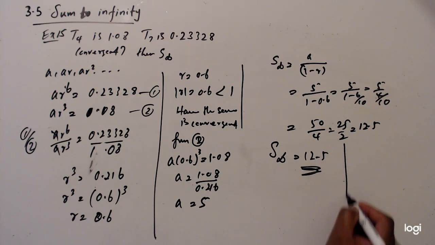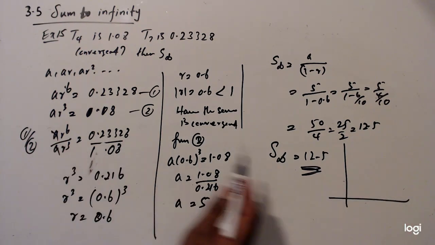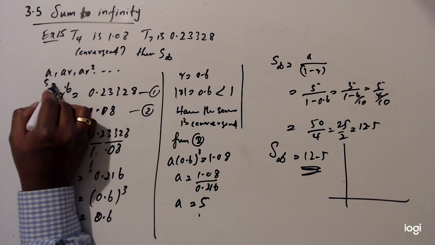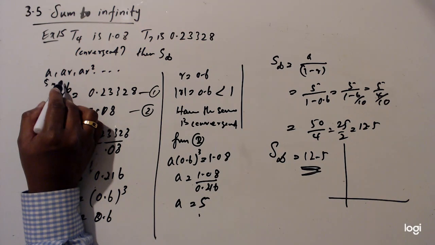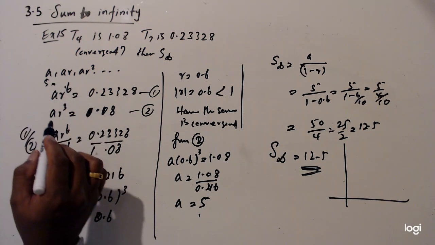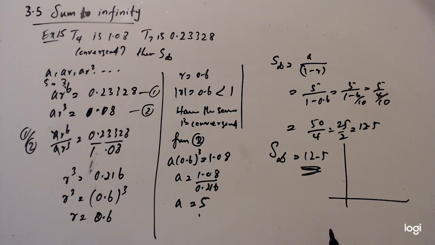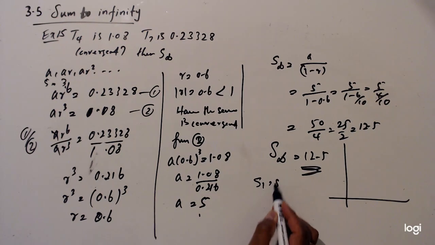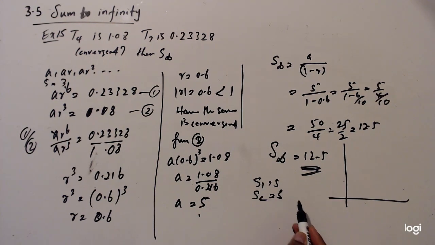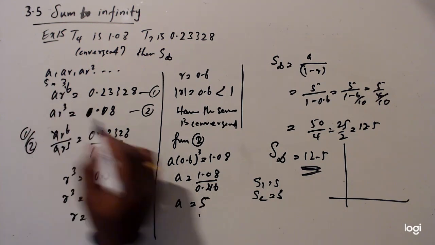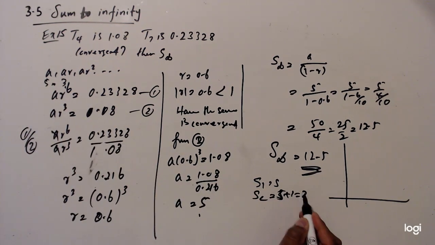When you look at it, a value is 5, then 5 times 0.6 is 3. Likewise, S1 is 5, S2 is 5 plus 3, 8.